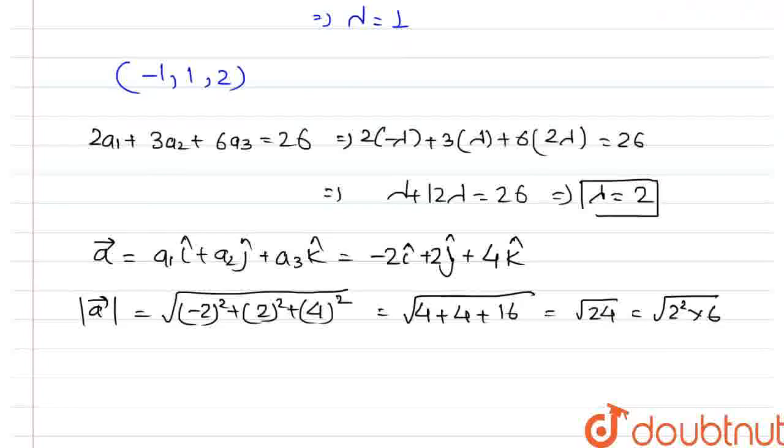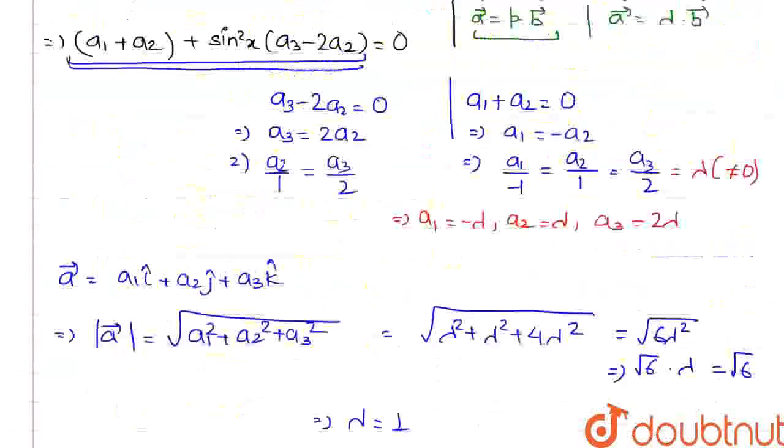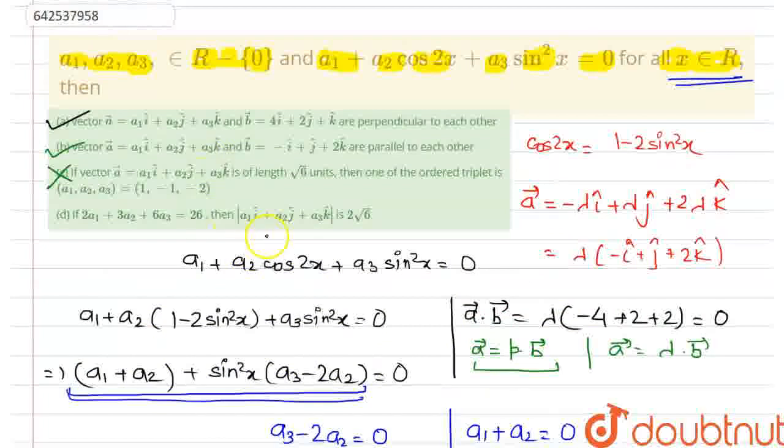So this will be equal to 2 root 6. So we are getting the magnitude of A vector as 2 root 6. So we can say that option number D will also be correct.